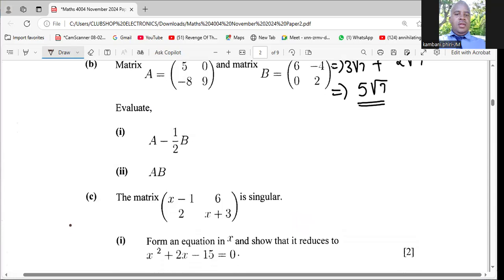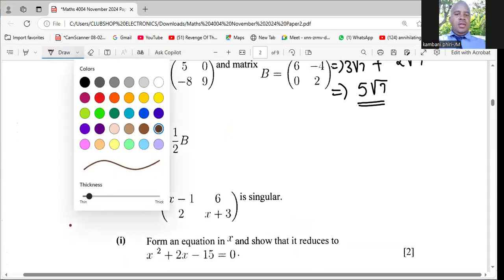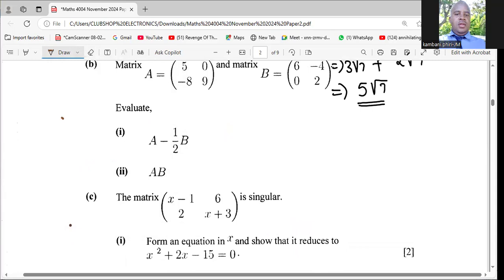Now let's find this, which is number 1. We want to find this. So what is our A? 5, 0, negative 8, 9, minus half of 6, 0, negative 4, 2.